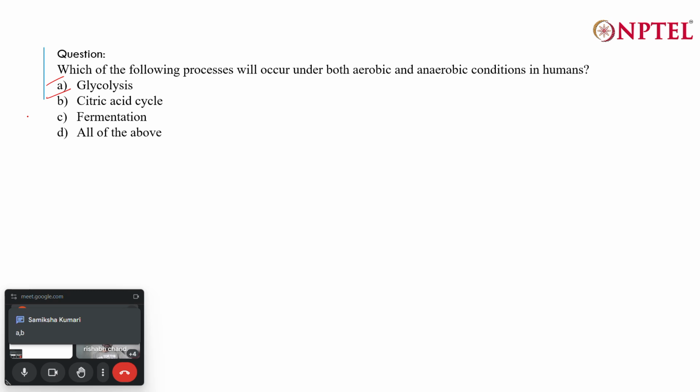Okay. So what happens if we see glycolysis first? Glucose is converted to pyruvate, two molecules of pyruvate.